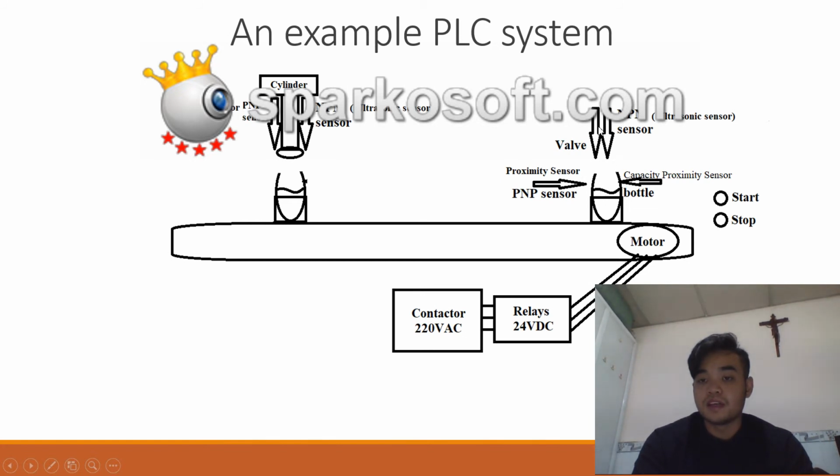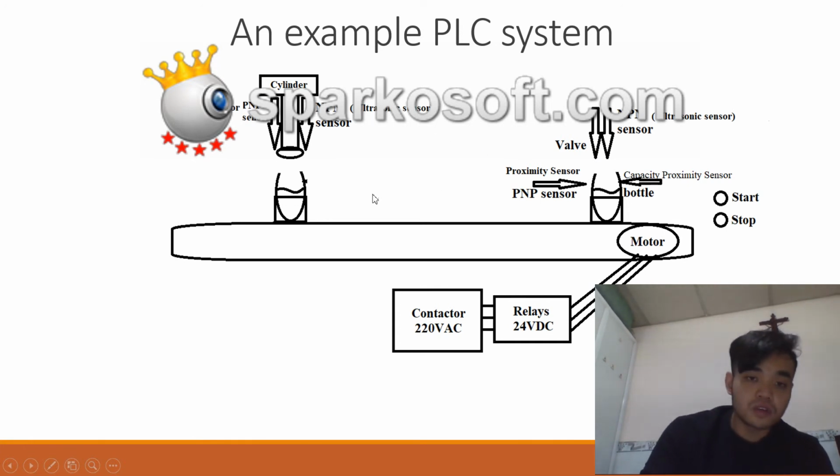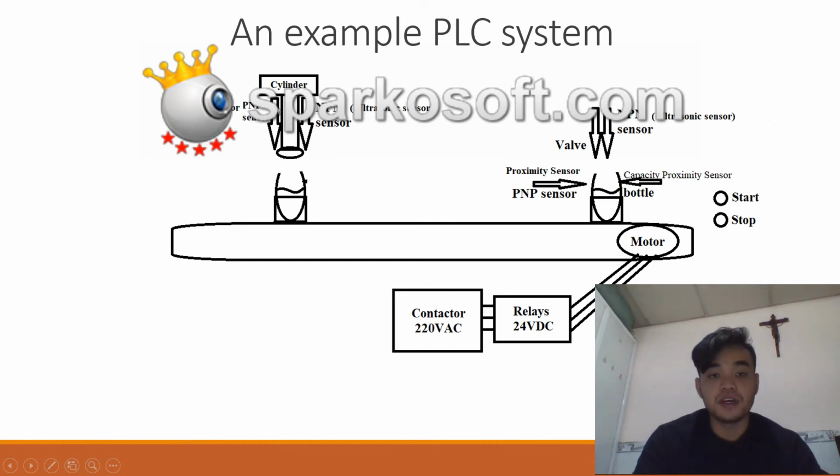The fan fills the bottle. Then the capacitive proximity sensor will check the liquid in the bottle, stop the fan, and turn on the motor. After that, the bottle comes to the second area, which has the cylinder, and the NPN sensor will detect the bottle, then turn off the motor.